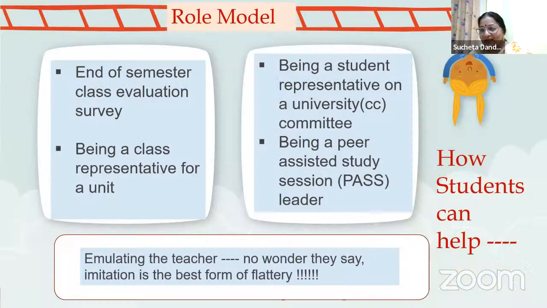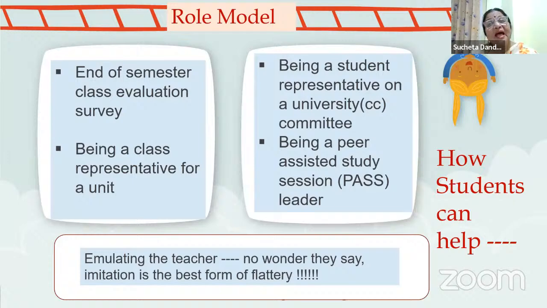So yes, family adoption program is something that is saying. Anshu says reciprocal teaching as far as the earlier role was concerned. And now, when it comes to being a role model, I was thinking, maybe being a class representative for a unit, end of semester class evaluation survey, they can be taken to help.